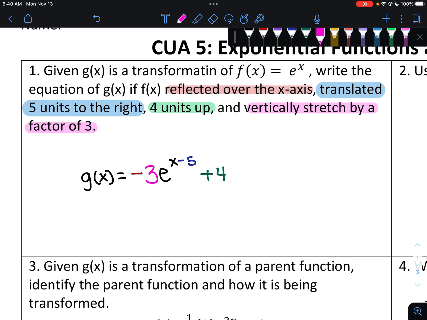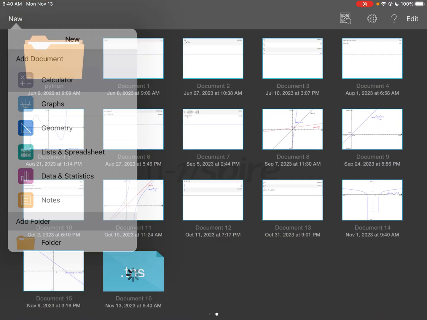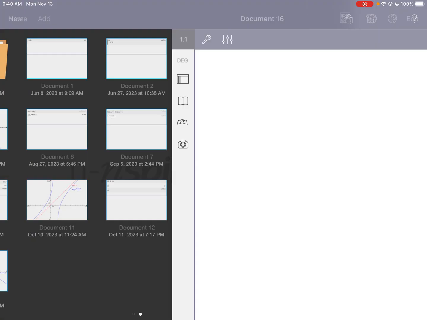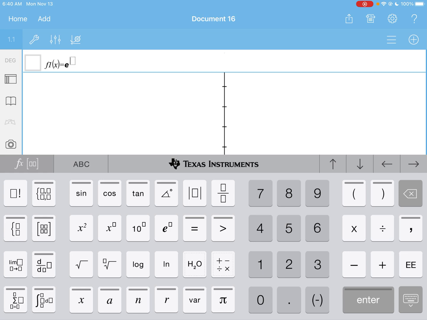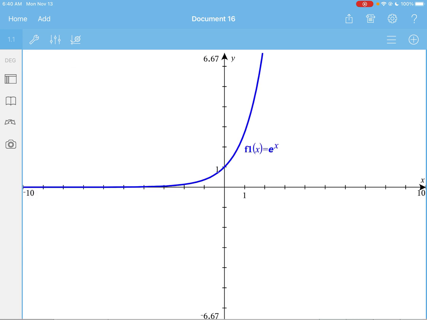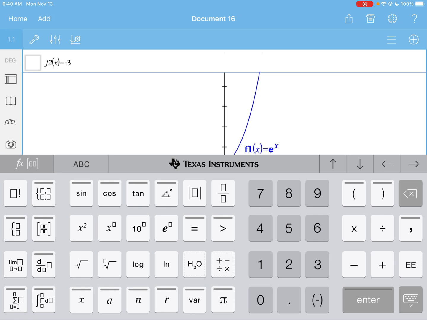So just to show you, you would be graphing on our handheld calculators. Oops, let me pull up the graph. So if I graphed e to the x, and then I graphed our transformed function, which was negative 3 e to the x minus 5 plus 4. Make sure that 4 would not be in the exponent, so plus 4 like that.